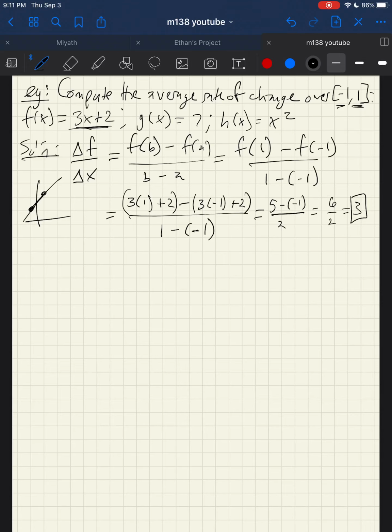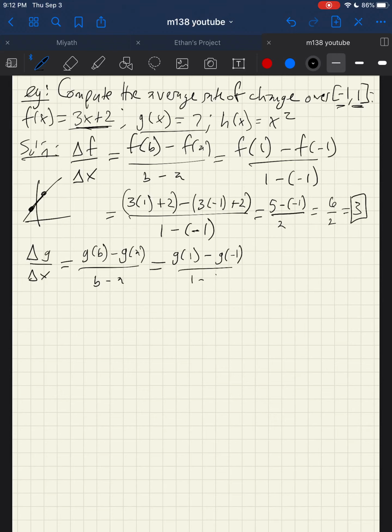Okay? So now let's look at delta g over delta x. So this is going to be the average rate of change of g of x over this range. So this is going to be g of b minus g of a over b minus a. And again, this is g of 1 minus g of -1 over 1 minus -1.